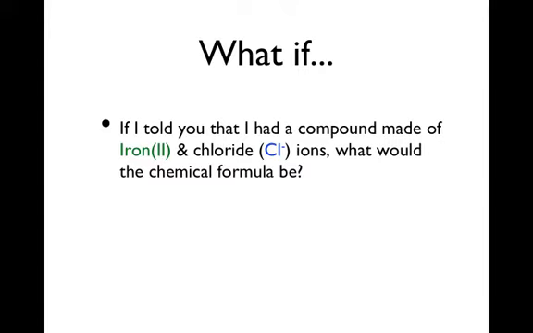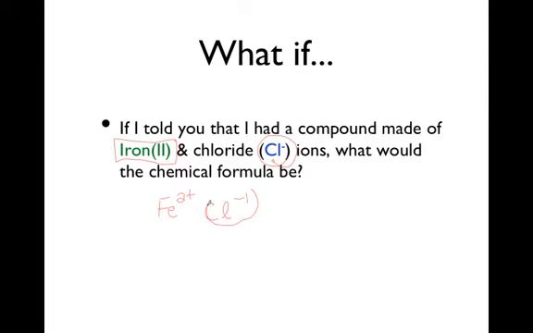The answer to that is that you would need 2 of these. You would need 2 chloride ions to neutralize a single iron 2 ion, because the iron 2 has a charge of +2 and the chlorine has a charge of -1.